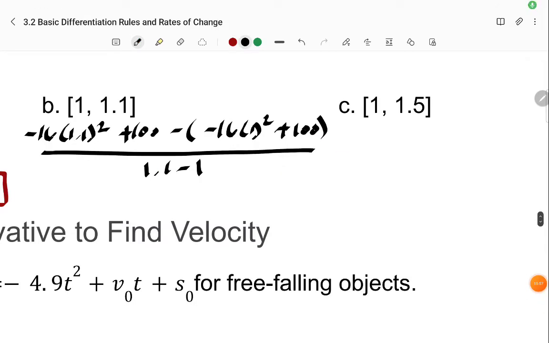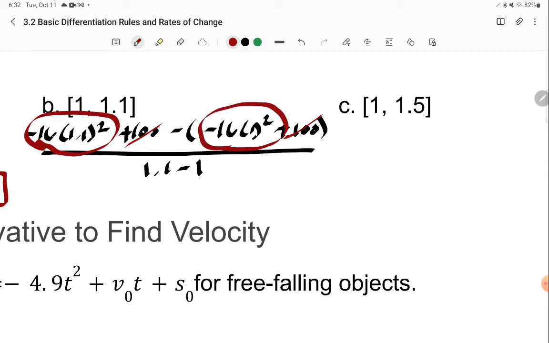And if we take our time and set up the next one, again, you notice these hundreds will end up canceling. So you can just look at those other terms. Take 1.1 squared times negative 16 minus negative 16, or plus 16, all over 1.1 minus 1, which is 0.1.